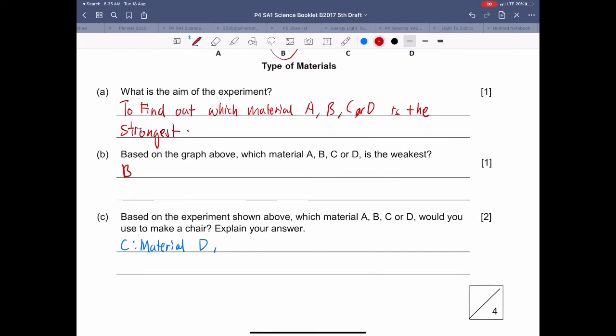Your evidence would be something like, as it can hold or withstand, I like to use this word withstand, but hold is fine, the most number of bricks before it breaks. Well, tongue twister.